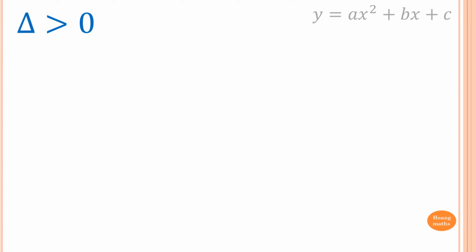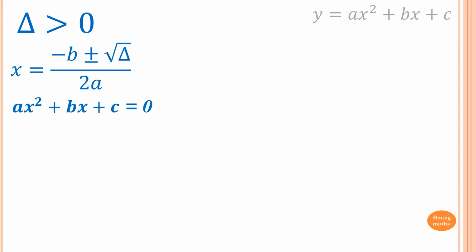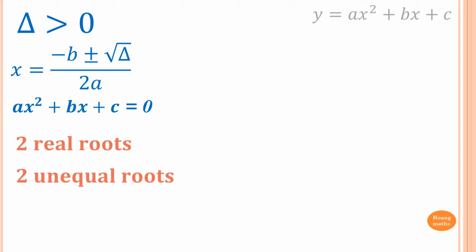So what happens when the discriminant is greater than 0? In the equation negative b plus minus square root of discriminant all over 2a, this means that this quadratic equation will have two real roots or two unequal roots. So keep that in mind, okay? When the discriminant is greater than 0, you will have two real roots or two unequal roots.